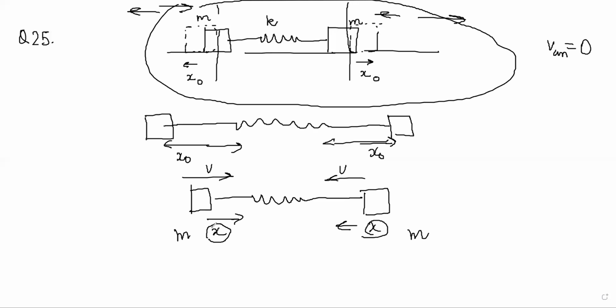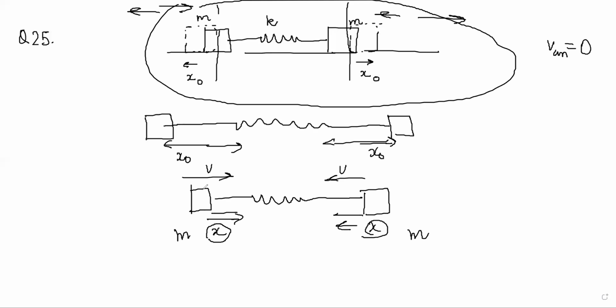So at any arbitrary point, whatever is the displacement here x, this will be the same displacement here x, because otherwise the center of mass will change position. Initially when you released it, you gave them equal small displacements, so you have not changed the center of mass position, so it will remain fixed.